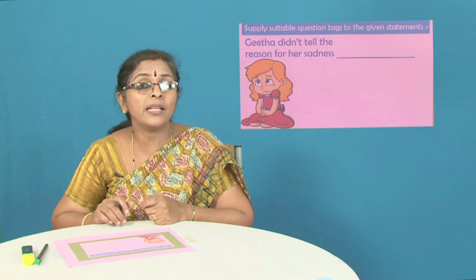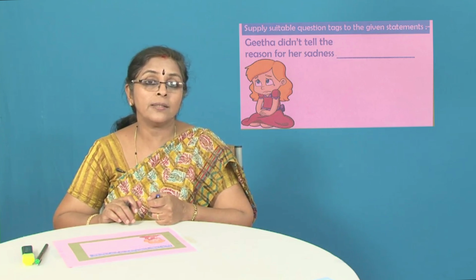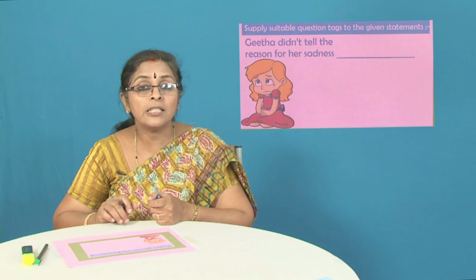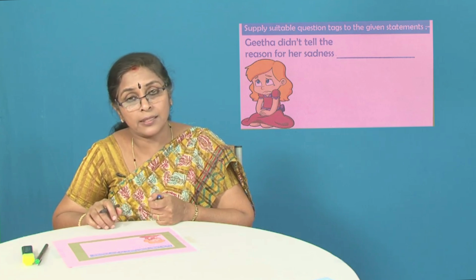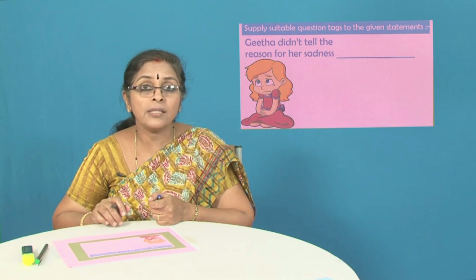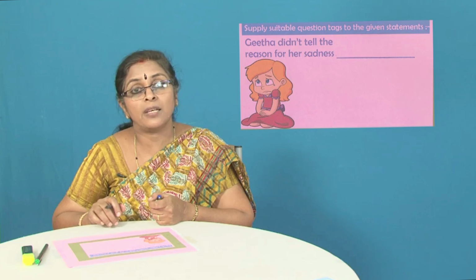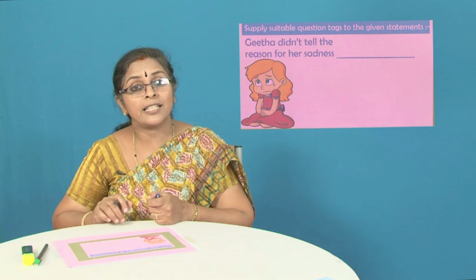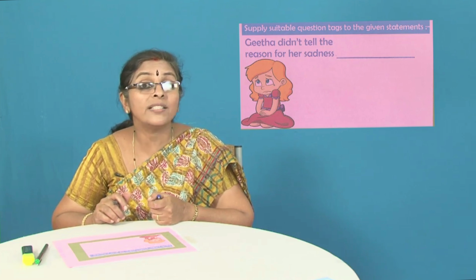Now, why did I make that statement? One of the rules of supplying question tags is, if the statement is positive, the question tag should be negative. If the statement given to us is negative, the question tag has to be positive. It is like saying, like poles repel and unlike poles attract.